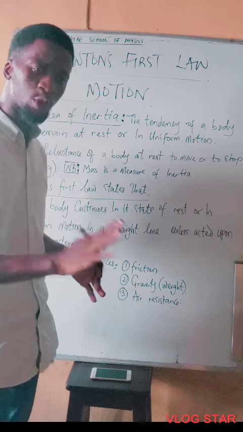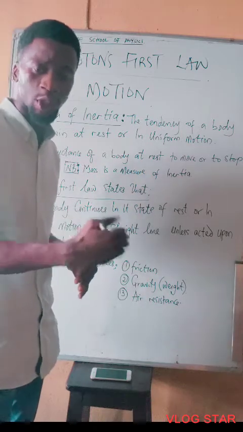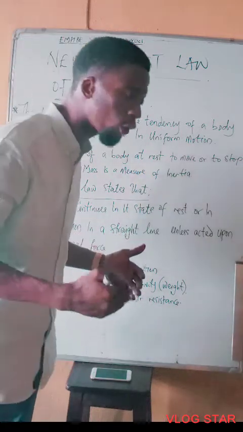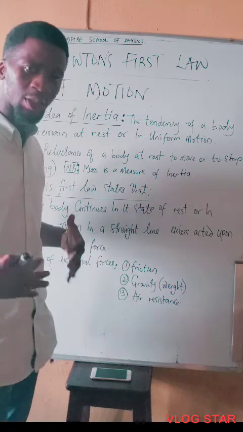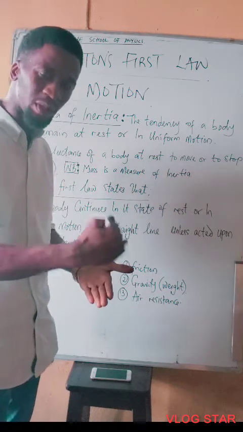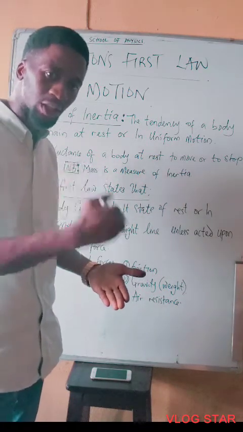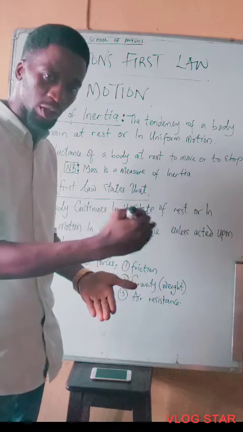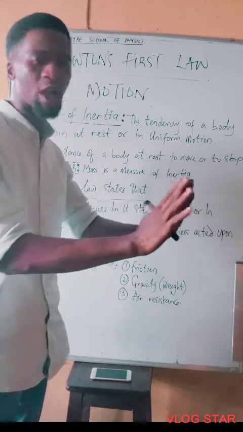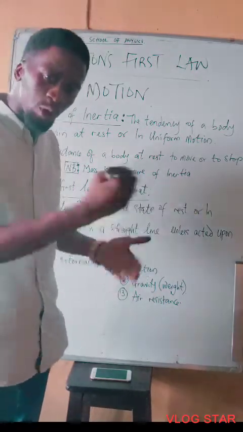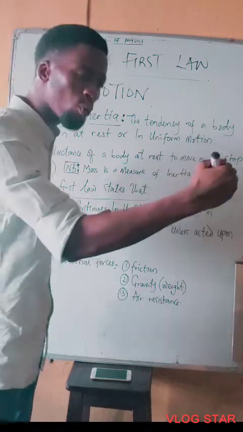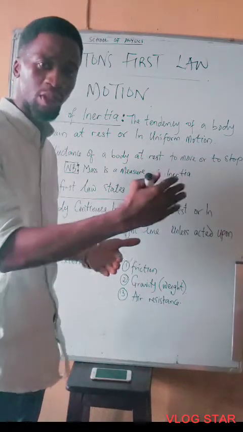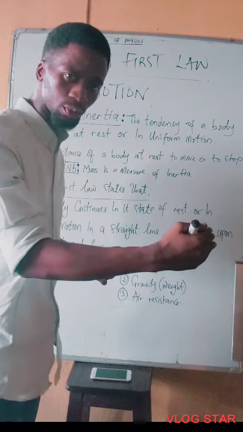Immediately the driver steps on the brake, the car suddenly comes to a stop. You observe that you jerk forward. Why? You jerk forward because your body has been moving with a constant speed, a uniform velocity, and your body is used to that velocity. Now, if you suddenly stop, your body naturally wants to continue to move with the speed it has been moving with. That is why you jerk forward.